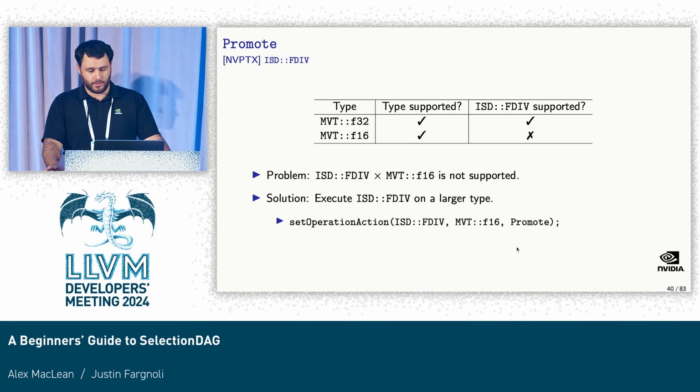In NVPTX, we support FP16 types, FP32 types, and FP32 division, but not FP16 division. Our solution is to execute FP16 division on the larger FP32 type. We do this by calling setOperationAction for floating point division, specifying FP16, and asking SelectionDAG to promote it for us.